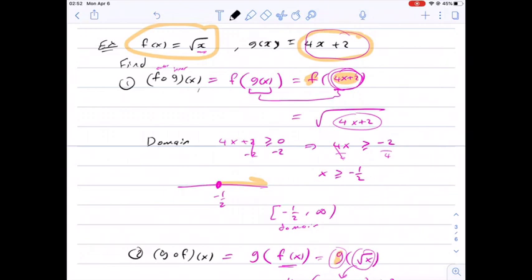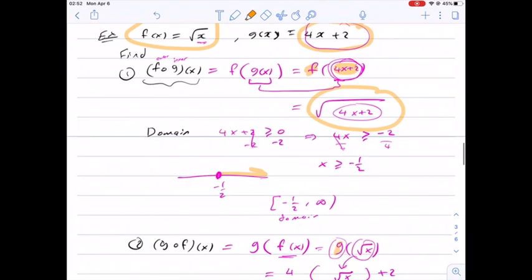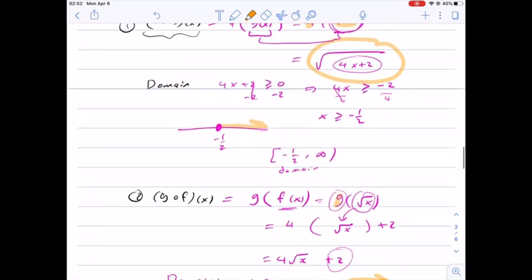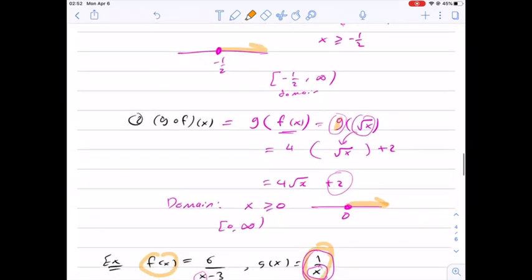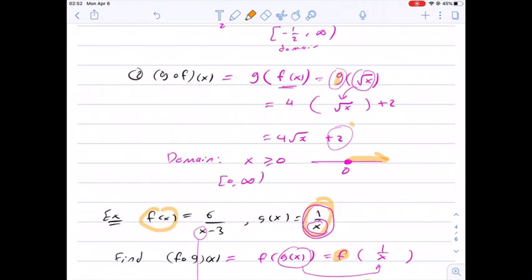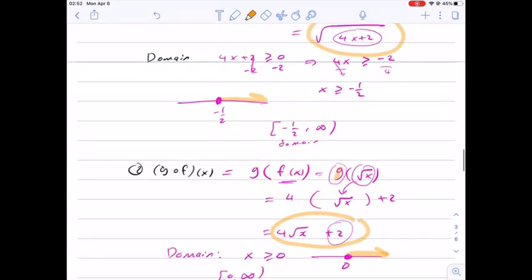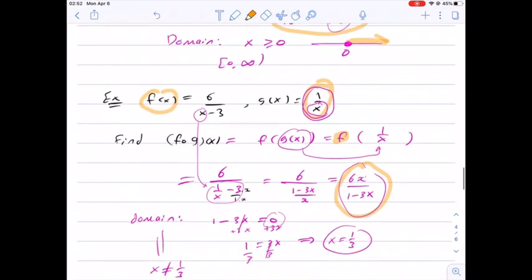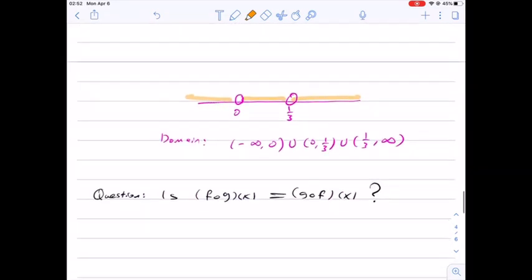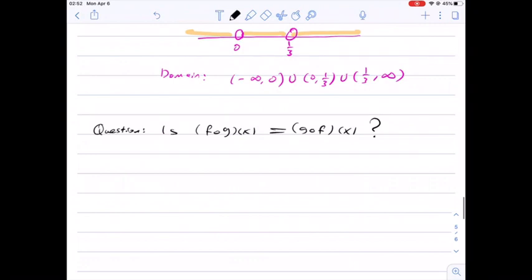Here for this exercise we found f compose g, and that gave us square root 4x plus 2. And when we compose g and f, I mean g compose f, we got a different function, 4 square root x plus 2, and those are different. That means this is not true in general.